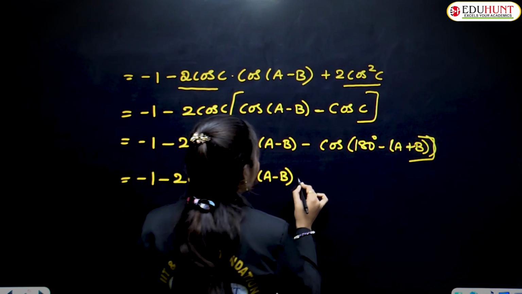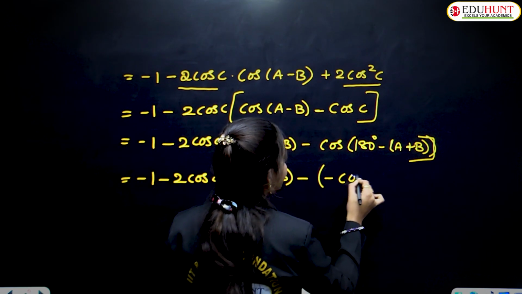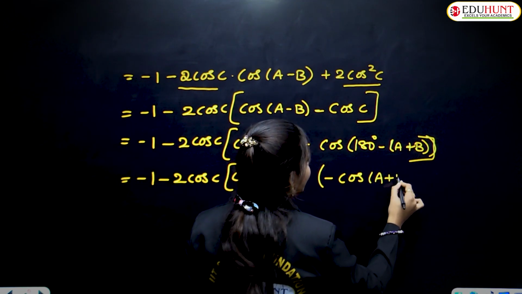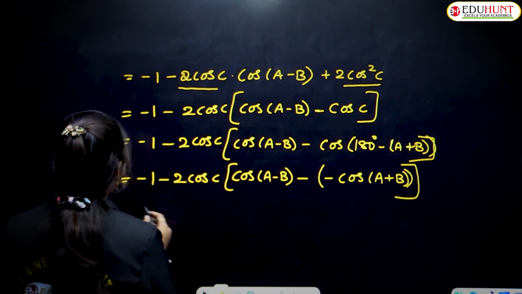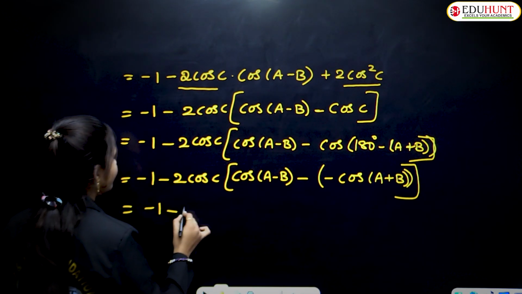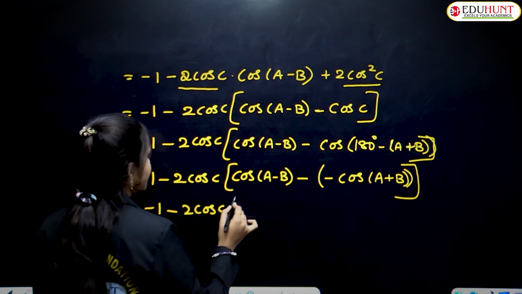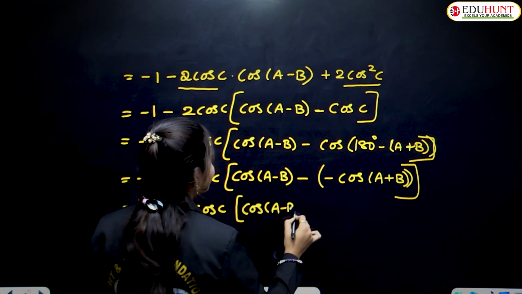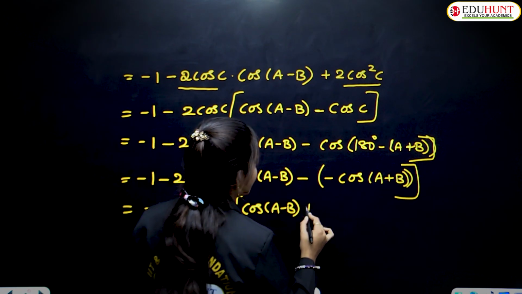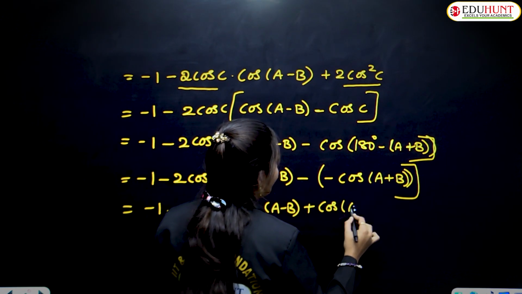So minus of minus cos theta becomes plus cos of (a plus b). Which is equal to minus 1 minus 2 cos c into [cos of (a minus b) plus cos of (a plus b)], since minus into minus is plus.